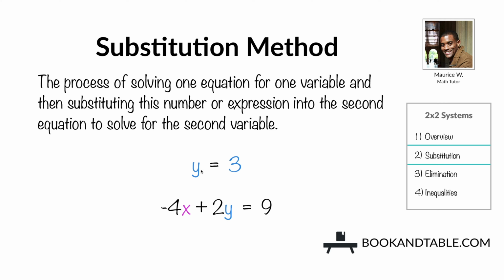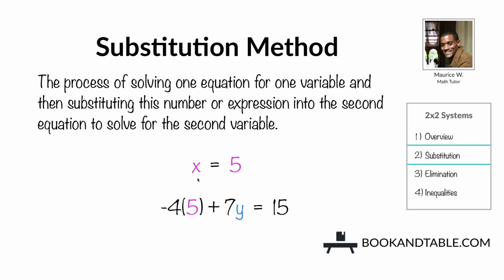Let's say we had the 2 by 2 system, y is equal to 3 and -4x plus 2y is equal to 9. We won't need to solve the first equation for a variable since it is the solution for one of our variables. So if you wanted to solve for x in the second equation, you would plug y is equal to 3 here, and now you'd be able to solve for x.